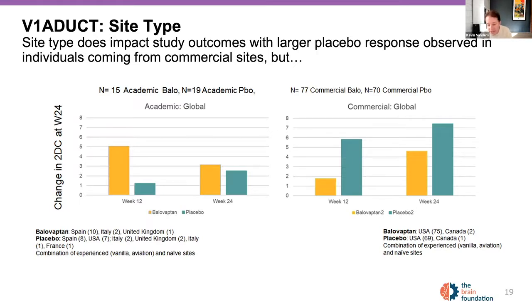But the important thing here is that you can see the placebo rates at what we consider the commercial sites were much, much higher than what we saw at the academic sites. You can see even 12, 24-week differences, but on the left here, the academic sites, on the right, the commercial sites, which had placebo rates being much higher and even much higher than the active arm.